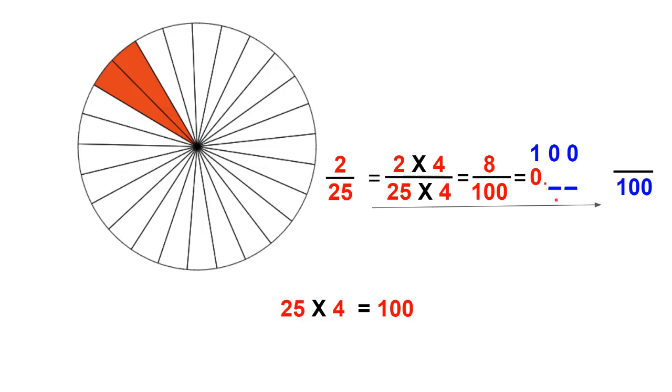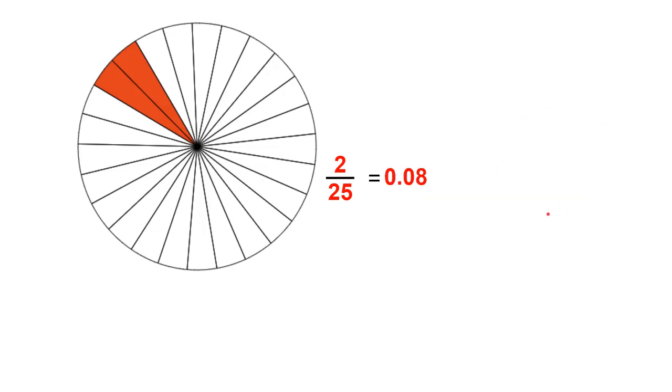In this case, we have only one placeholder, which will be empty, so we fill it with a 0. So we write 0 and 8, and the answer is 0.08. So we start filling the placeholders from the right to the left. And we get that 2 over 25 is 0.08.